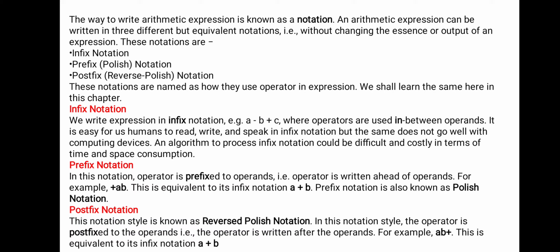In this notation, the operator is prefixed to the operands. That means the operator is written ahead of the operands. For example, plus AB. Actually a plus b can be written as plus AB. The operator is placed before the operands. Its equivalent infix notation is a plus b.